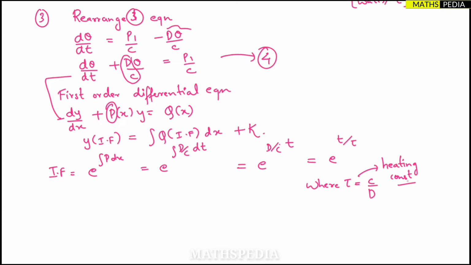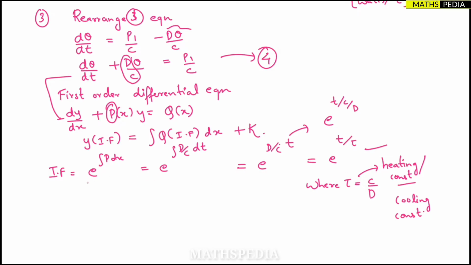Here we have two equations, heating as well as cooling. So you can write it as heating constant or the cooling constant. Okay, so tau is nothing but C by D. So one more step if you want you can include, it is nothing but e power t by C by D. Okay, that is equal to this one.